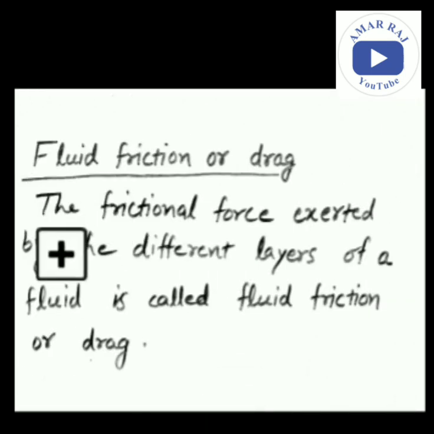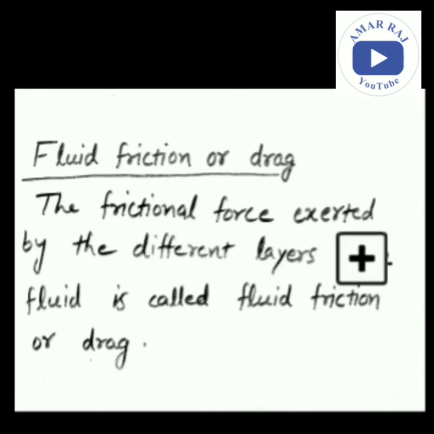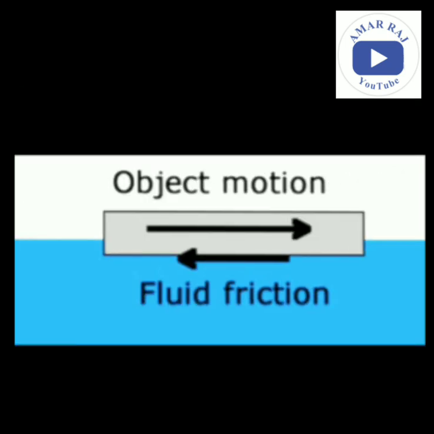So let us define it. The frictional force exerted by the different layers of a fluid is called fluid friction or drag. So students, fluid friction is also called drag. Now let us see about the direction of this friction. Fluid friction also acts in the direction opposite to the relative motion of the object moving through the fluid.